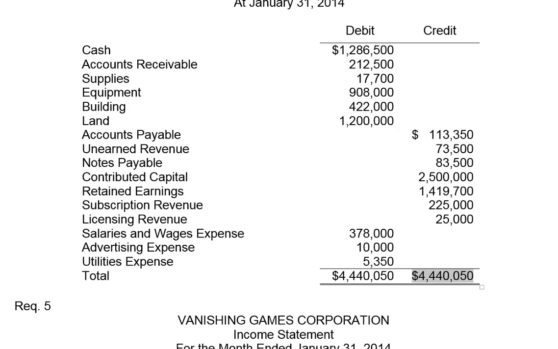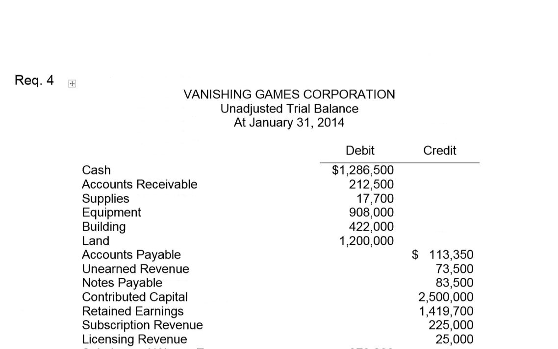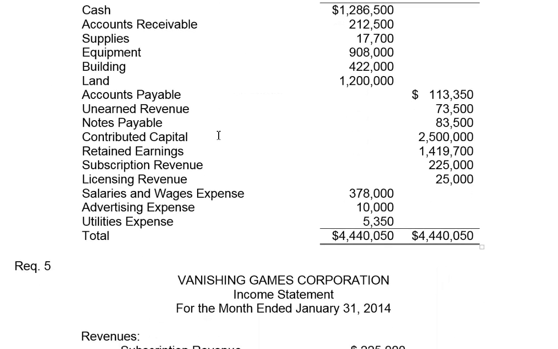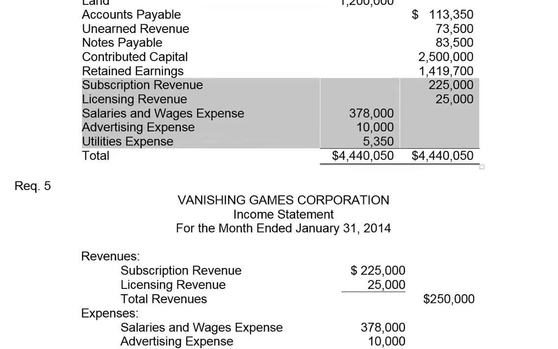$4,440,050. We can use the T accounts, or we could even use the unadjusted trial balance to come up with our income statement. So we know that on the income statement, we're going to include all of our revenues and expenses.